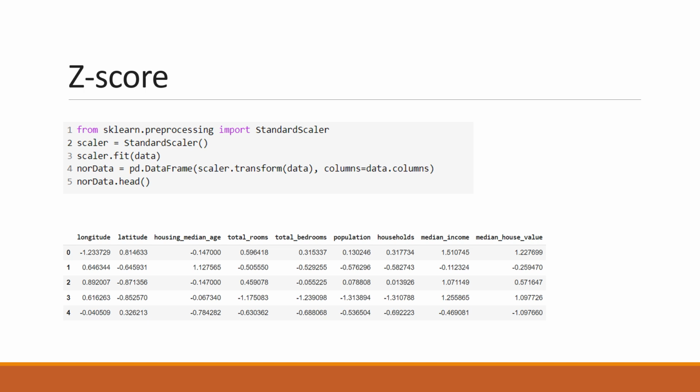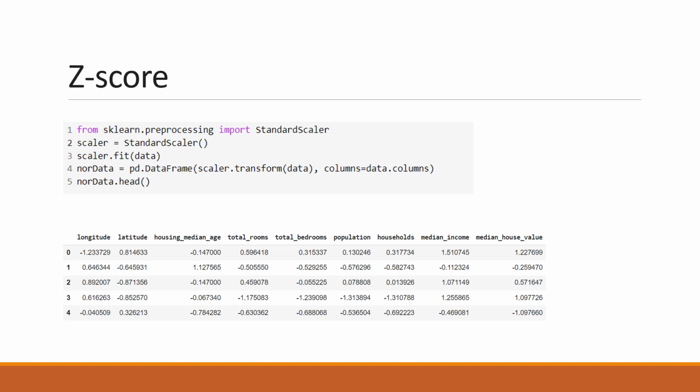After the scaler is fitted to the data, it can be used to transform the data into normalized form. To do this, the code calls the transform method on the scaler object and passes in the data as an argument. This returns an array of normalized values.